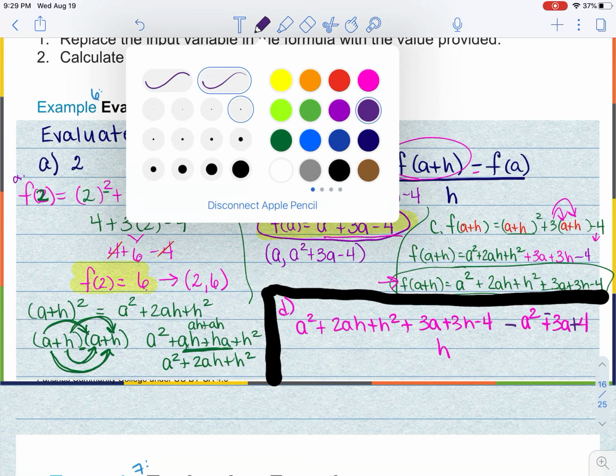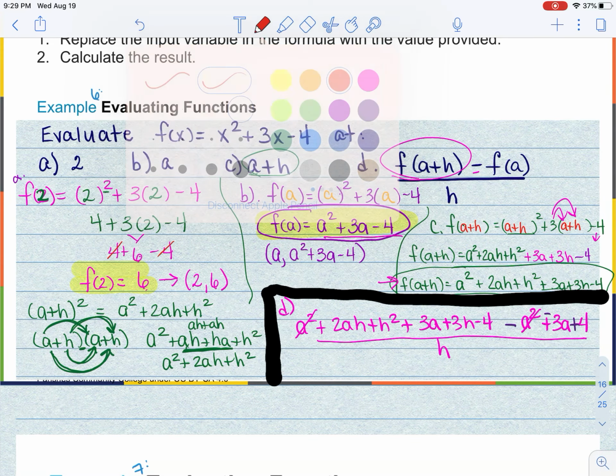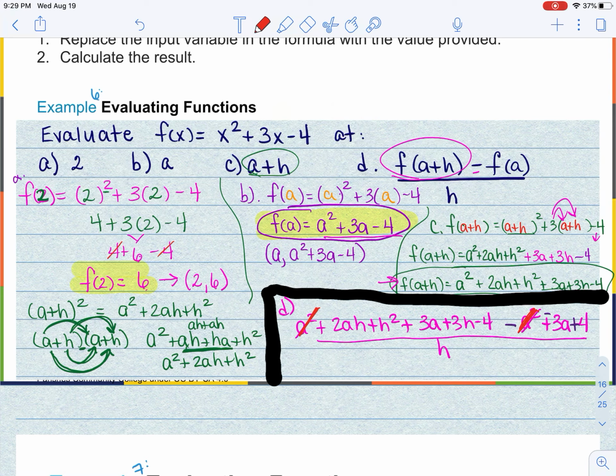The A squares cancel. And then what else cancels? The 3A minus 3A cancels, and the negative 4 plus positive 4 cancels.